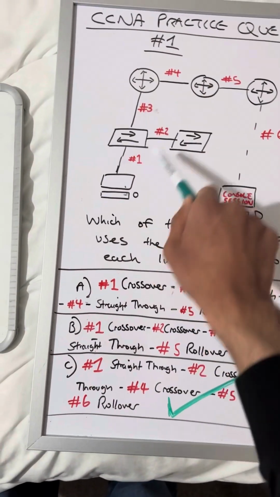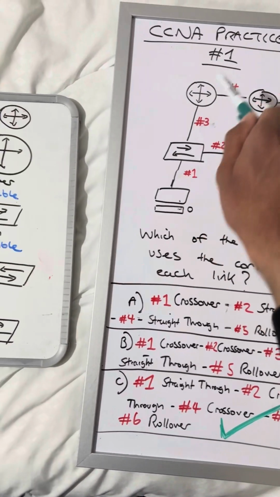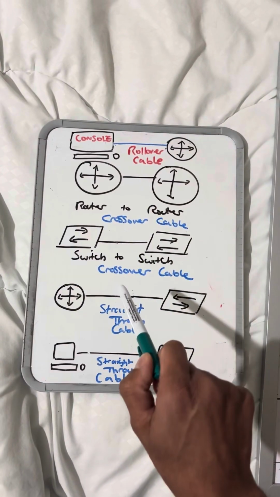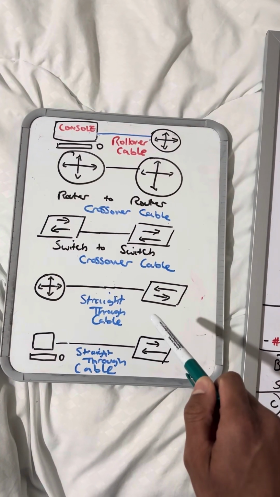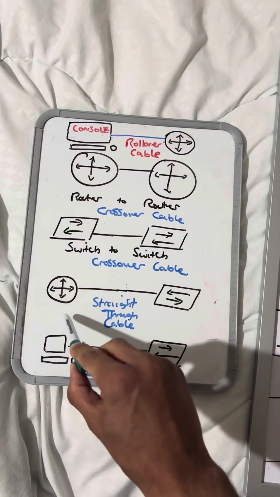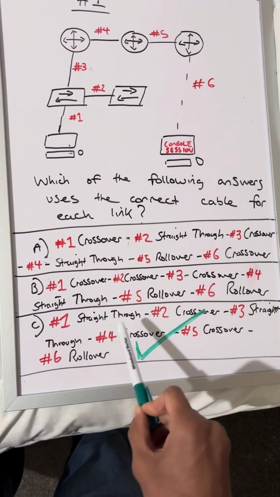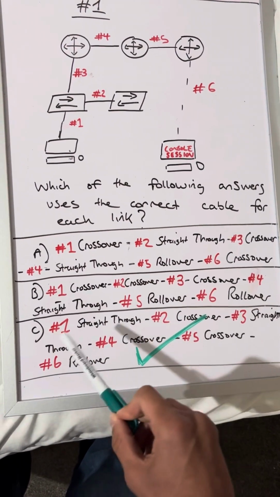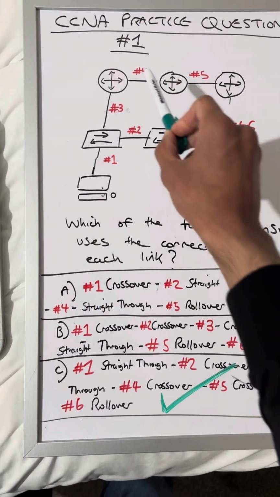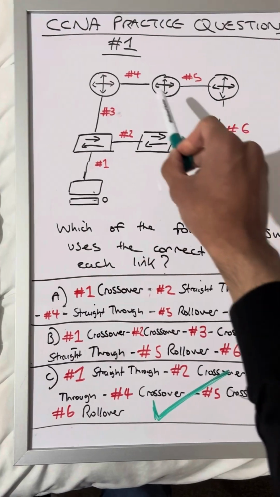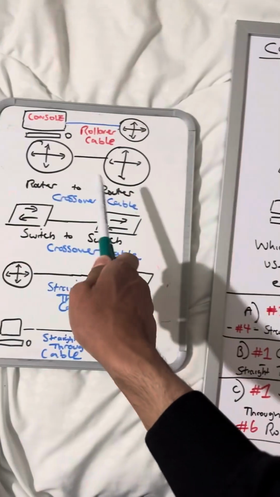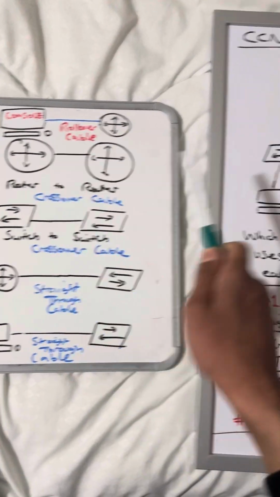Then we look at the third type of connection, which is a switch to router. A switch to router is normally a straight through cable connection. So that was the third part of the answer. Then number 4 and number 5, router to router connections, normally use a crossover cable.